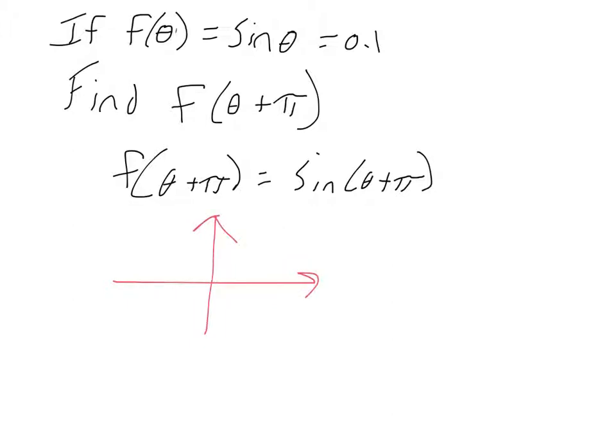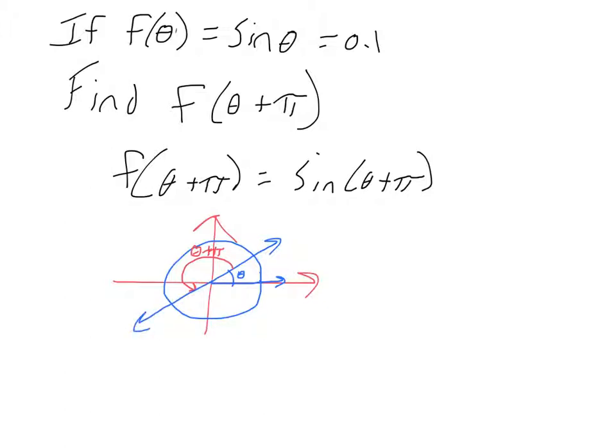All right, let's go ahead and draw our unit circle. And let's just say that theta is this angle right here, okay? Now, if I were to add pi to that, pi is 180 degrees, right? So theta plus pi is going to put me over there.